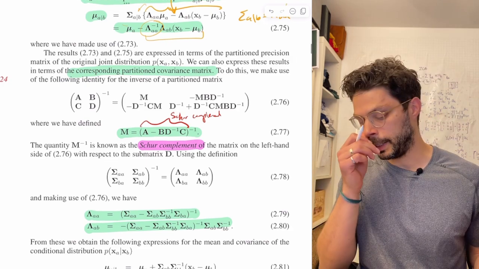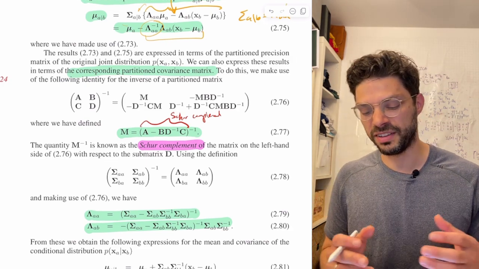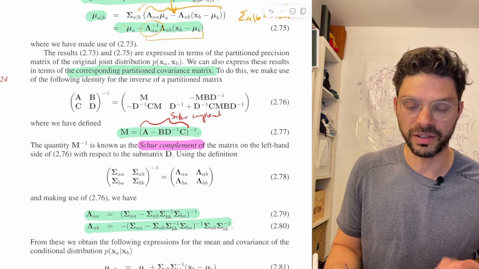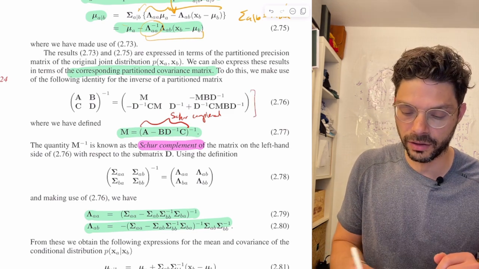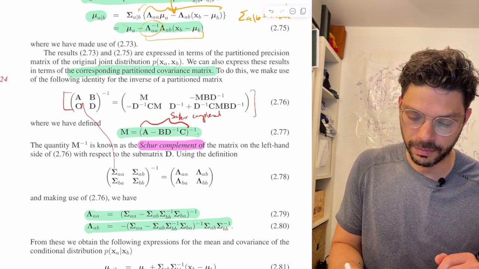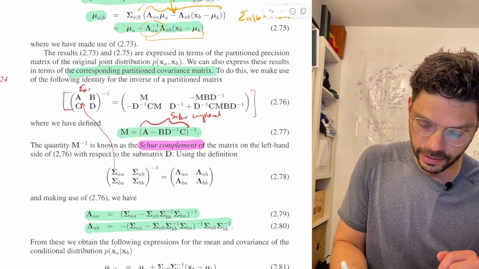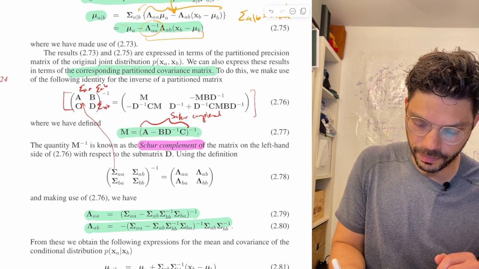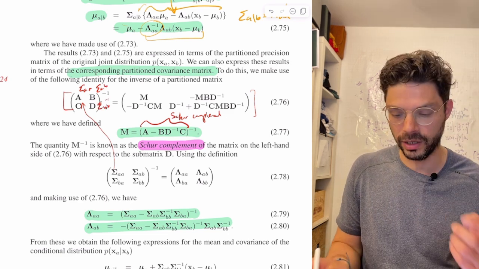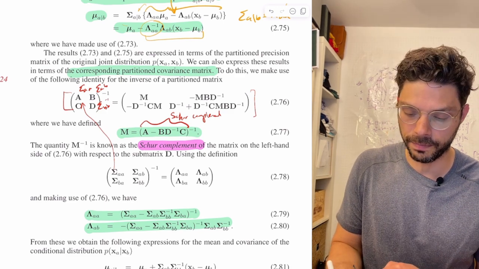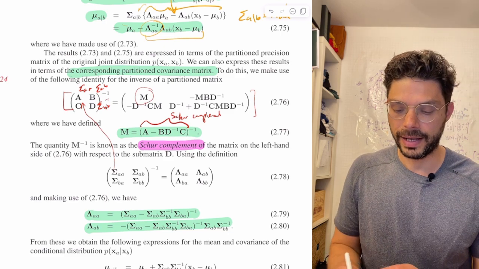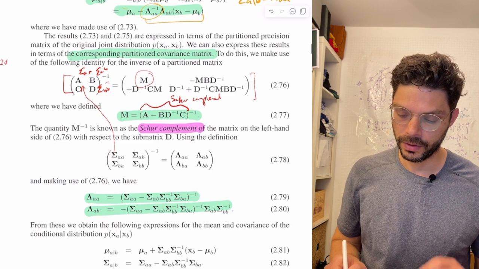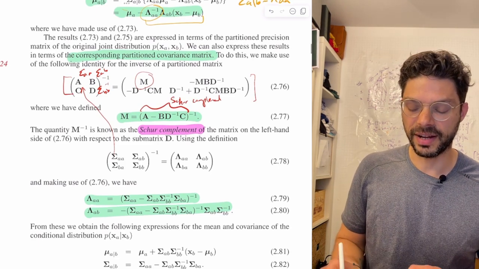We don't necessarily have to know exactly what it's called. You can just apply this formula. You went on Wikipedia, found this formula, put in sigma AA, sigma AB, sigma BB, and it said that the inverse has, at the top left, the inverse of something called the Schur complement. And that's exactly what we see here.